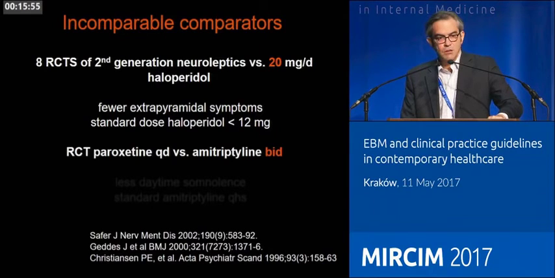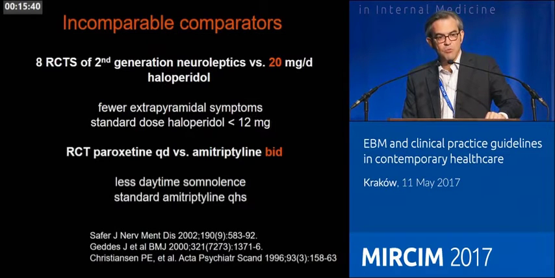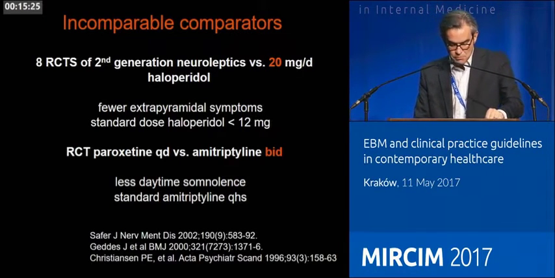Or when they compared a new antidepressant with amitriptyline, used not once a day, usually once a night, as it's often done in clinical practice, but twice a day, including 1 dose in the morning, only to report that there was more daytime somnolence with amitriptyline. Well, that seems, again, an unfair comparison, but more importantly, if we don't notice that, it will give us a sense that the newer drugs are safer and therefore should be used to solve the problem of the patient, be it psychosis or depression.